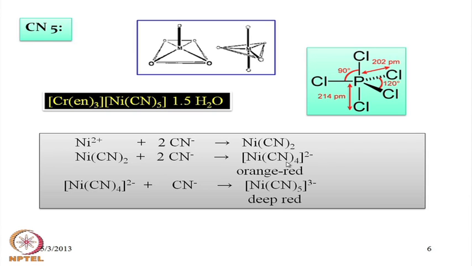This is a well known compound to us, the corresponding square planar compound, which is orange red in color, and this orange red compound can further react with another CN minus to give us a deep red compound of nickel in a trianionic species form. When this anion substitutes the corresponding chlorides of this salt, we get a typical example of a coordination number of 5 in the anionic part of the compound.